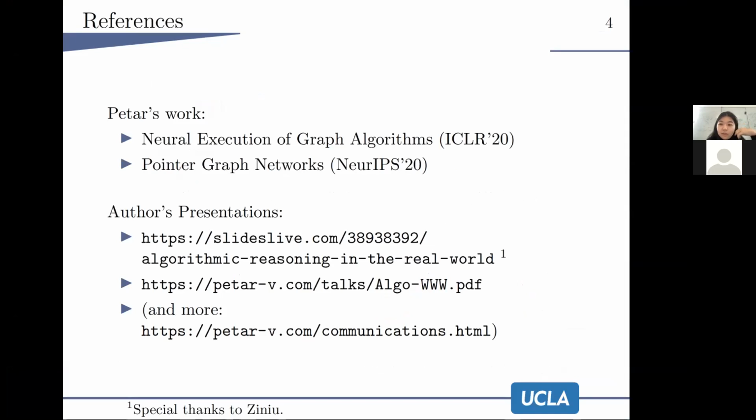I'm pretty sure they are not about the same thing. The graph pointer neural network is basically about a new architecture of graph neural network, while pointer graph networks are probably more on the application side of graph neural networks.